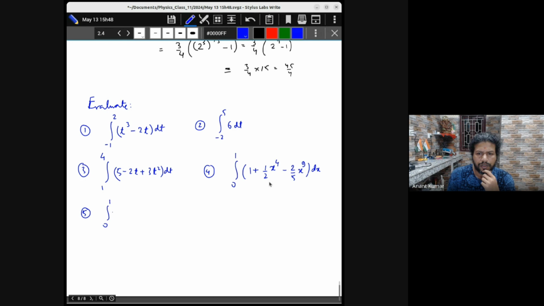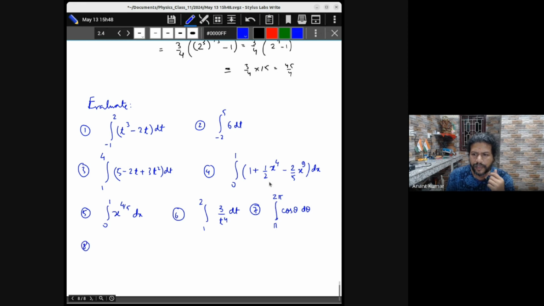0 to 1 x raised to 5, then 1 to 2, 3 by t raised to 4 dt, 7 I consider 5 to 2 pi cos of theta d theta.